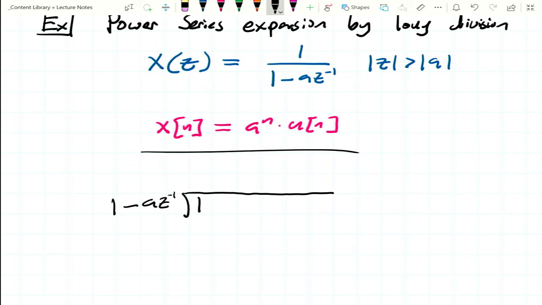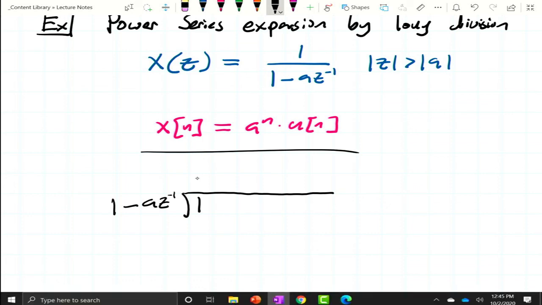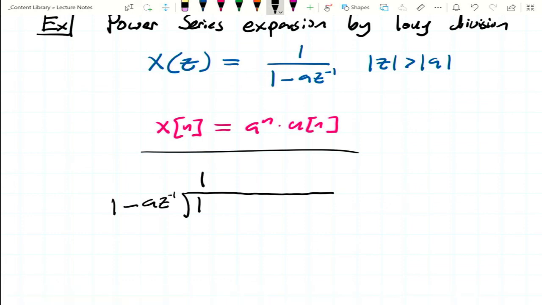We ignore everything else. So to get 1 and 1, we're just going to multiply by 1, and that's going to get us 1 minus a z to the negative 1. And then we will subtract, and that will get us 0 and negative a z to the minus 1.